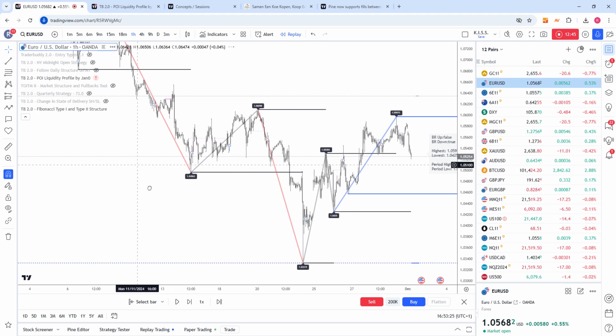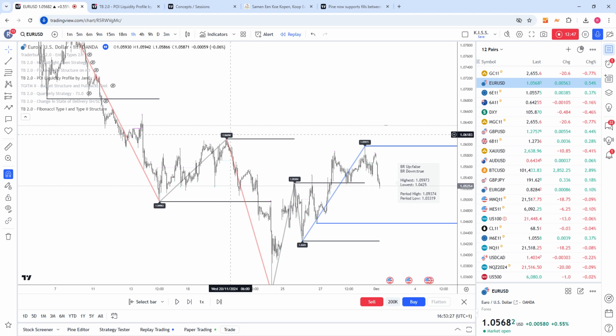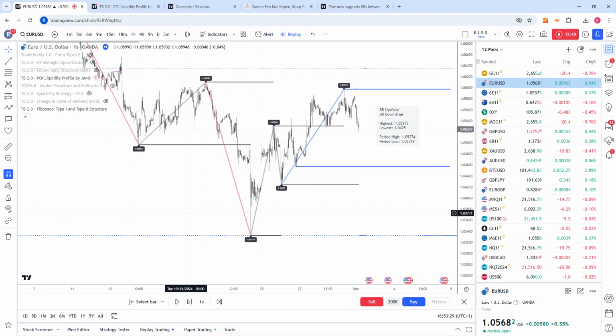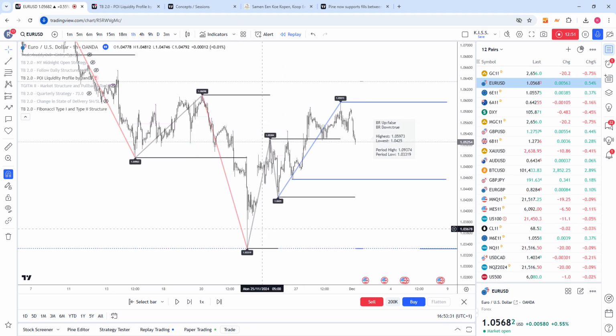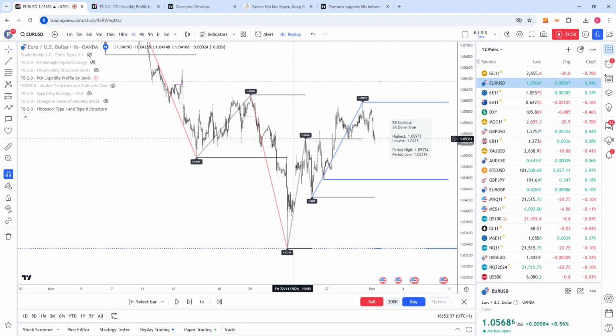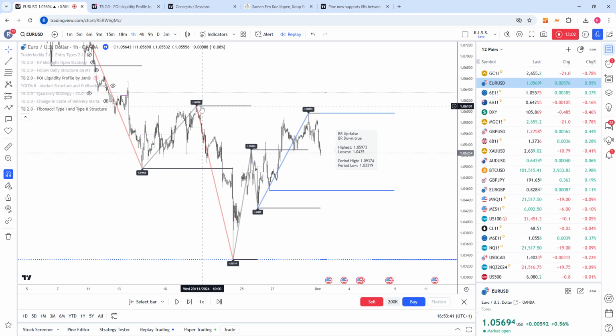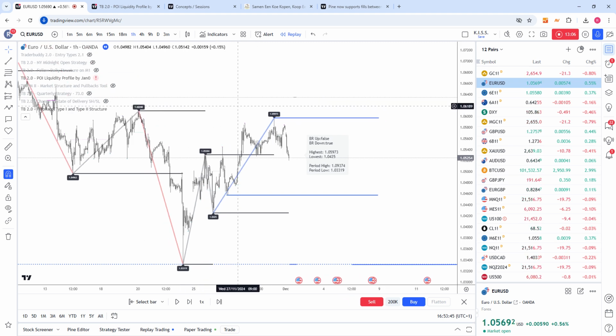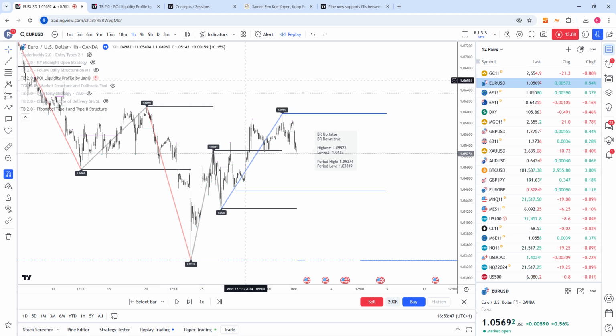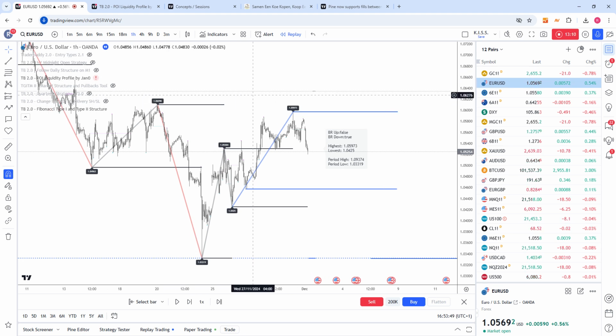We first traded down, we had a retrace, then we broke structure down again, and now we have a retrace. And after a retrace, well, if we are in a downtrend, we expect price to trade below this low. If it doesn't, and it trades above this high, then we have a new dealing range, and then we're going to expect higher prices.